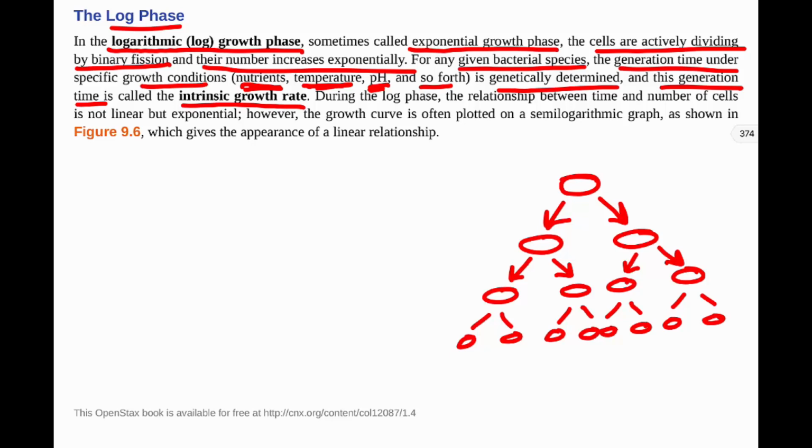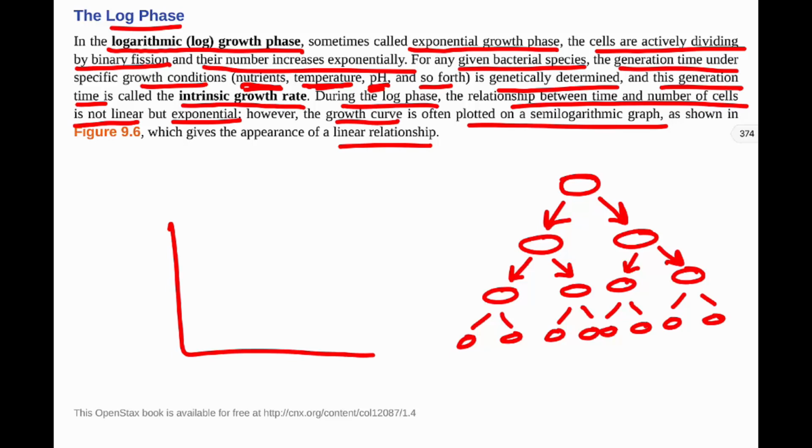So during the log phase, the relationship between time and the number of cells is not linear, as I mentioned, but it's exponential. So the growth curve is often plotted on a semi-logarithmic graph, as we see in the graph up above, which makes it look like it's linear. Meaning, on our graph, if we have our time here and our numbers here, like 1, 2, 3, just for simplification, when we see something moving this direction, that is linear.